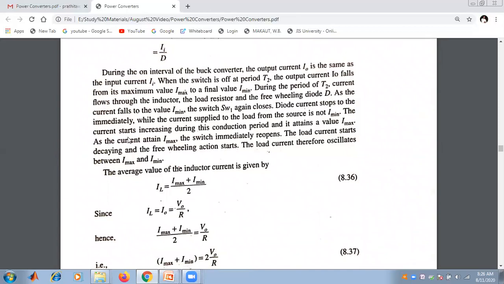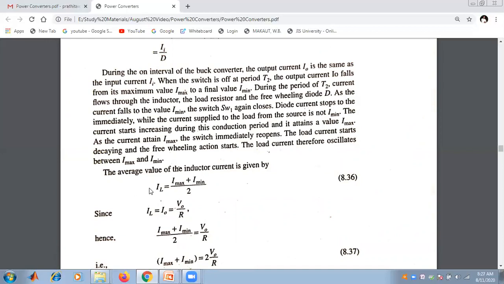As the current attains I max, the switch immediately reopens and this process repeats. The load current starts decaying and the freewheeling action starts. So the load current oscillates between I max and I min.